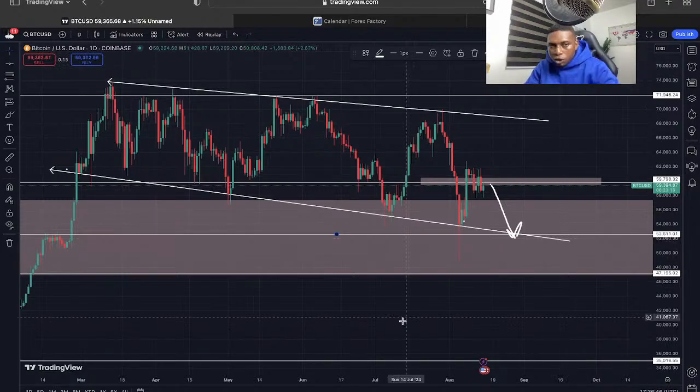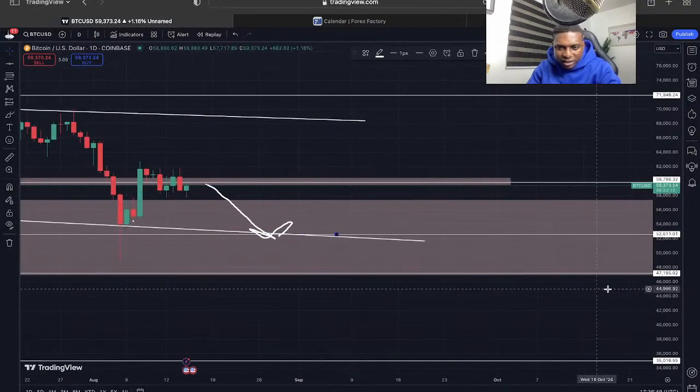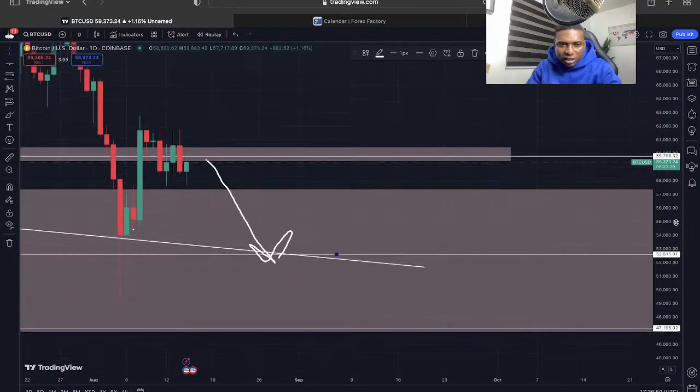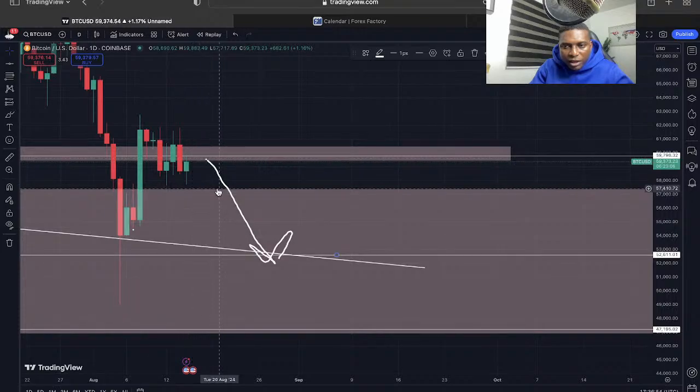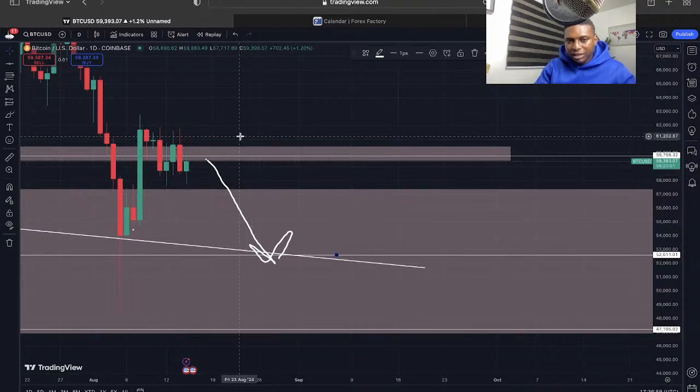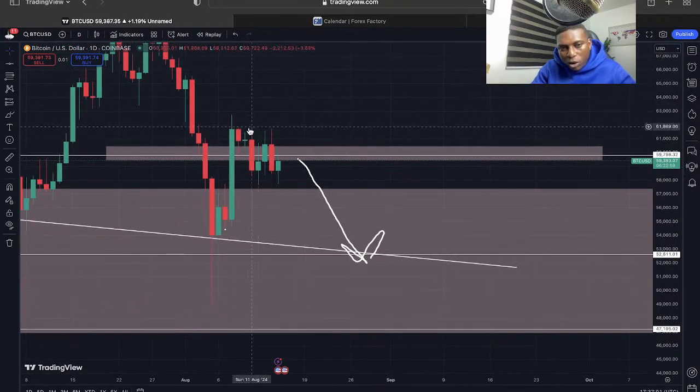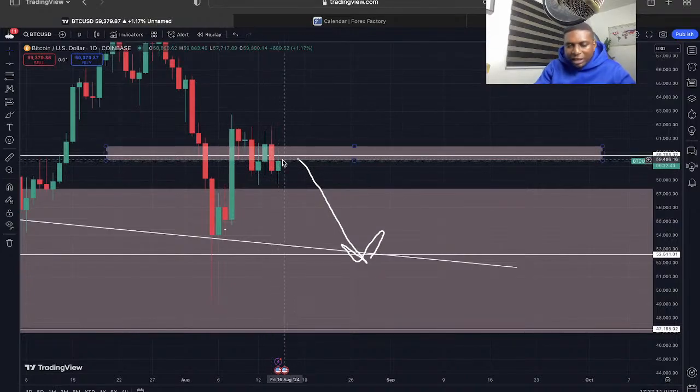But when we look closely now, we can already see that the possibility of a continuous fall in price is higher, because when you look closely at how prices have been closing, price has been closing lower than the other. So today, if price does not hold at 59 and moves down to 57, we might just see a continuous drop in price.